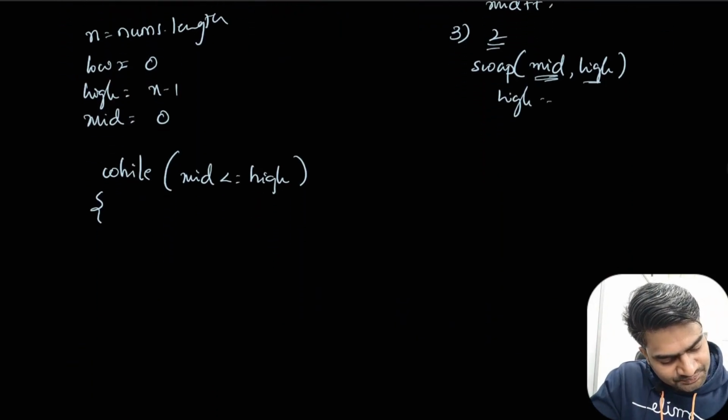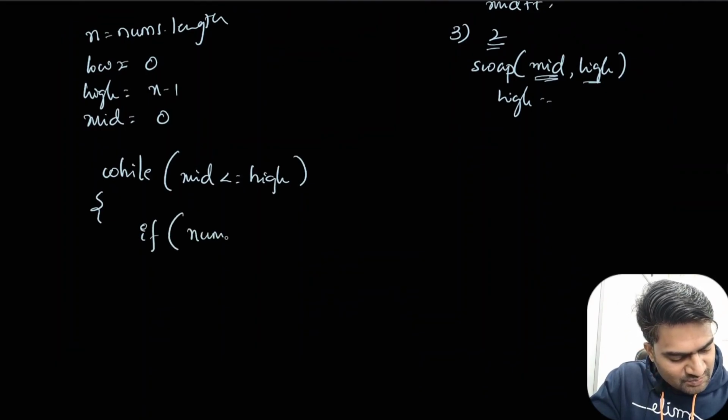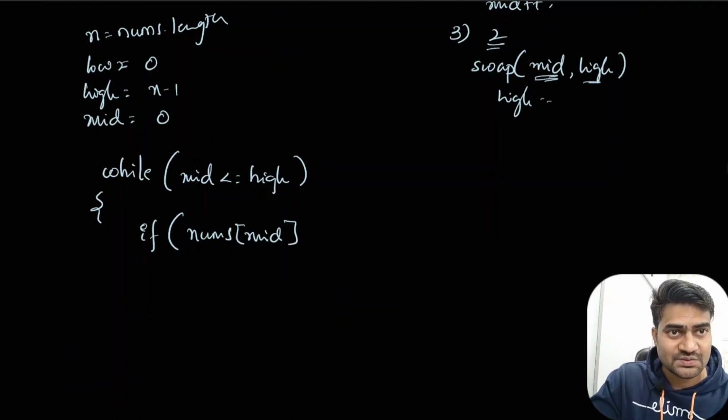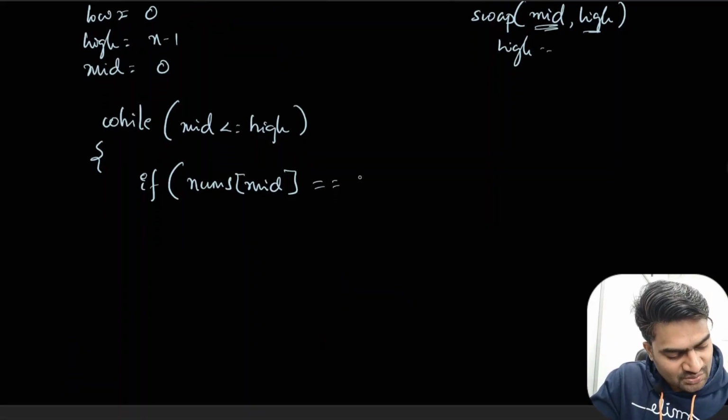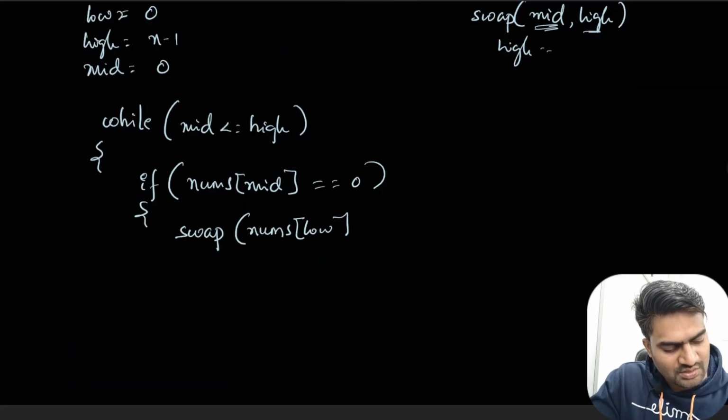So now, for my nums of mid, we can also use a switch case statement here, but I'm simply using an if else statement. So if it is equivalent to 0, then I will swap nums of low comma nums of mid.